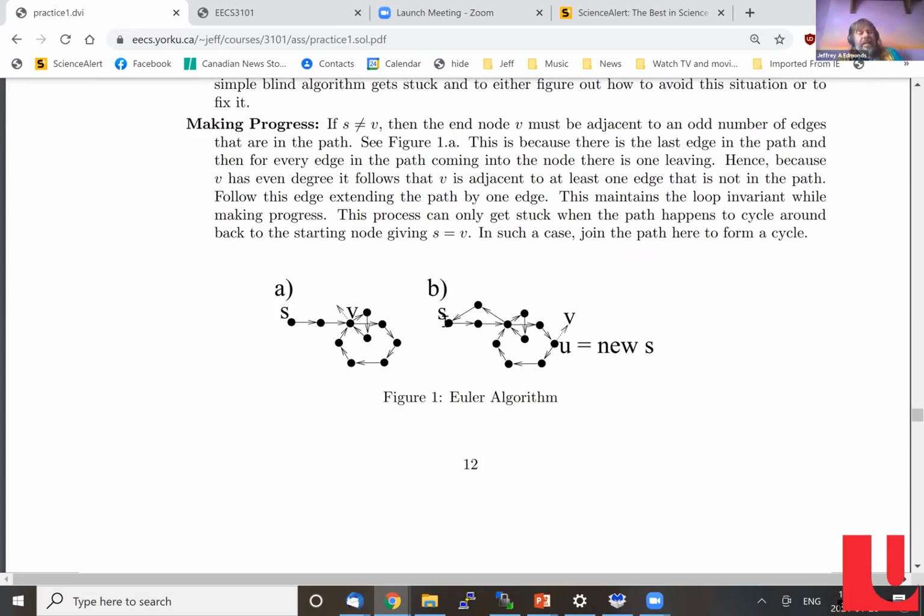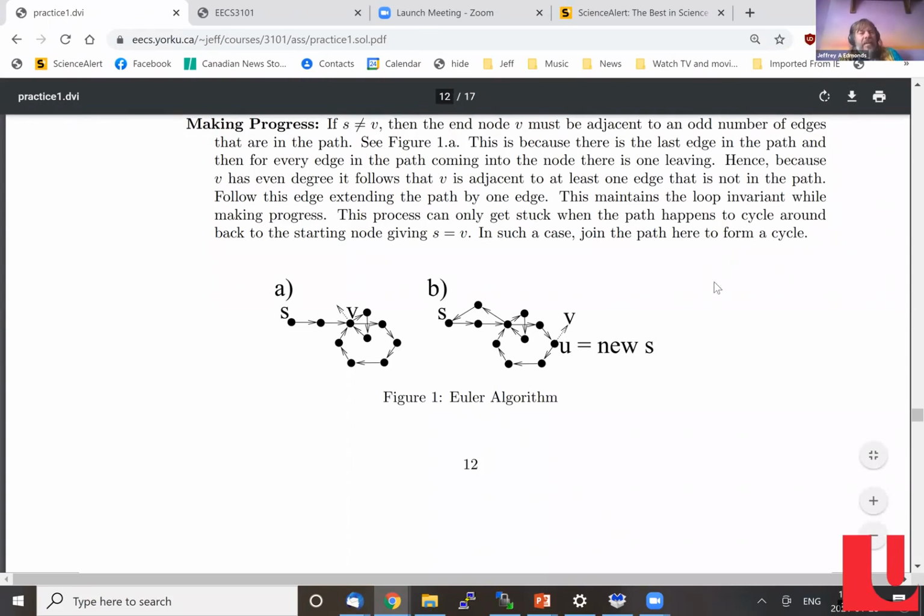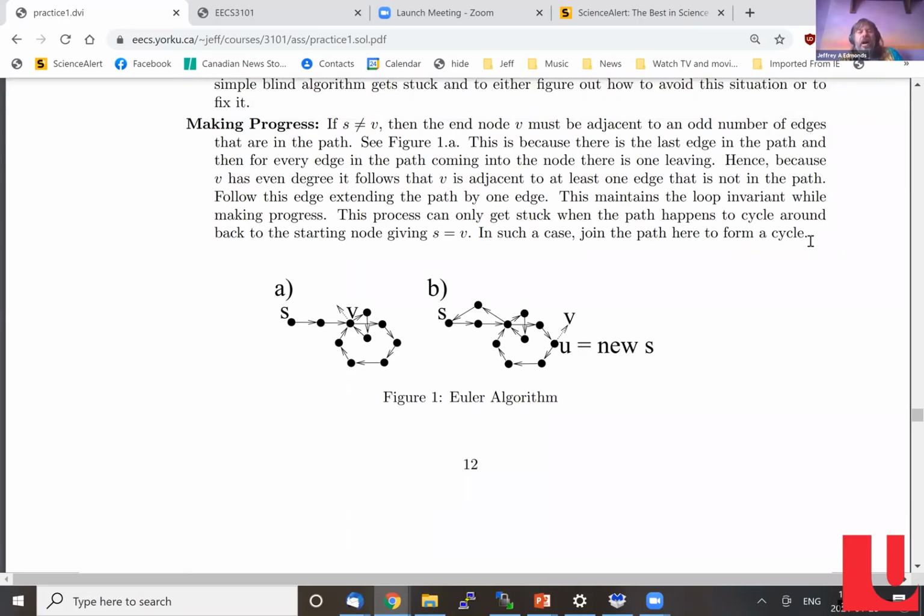So if it's connected and we've gotten back to S and don't know how to continue, and there's some edge way over here, see my mouse? There's some edge that we haven't gotten to, then I say there's got to be an edge like V that's touching the path that we've done and that you haven't walked along.